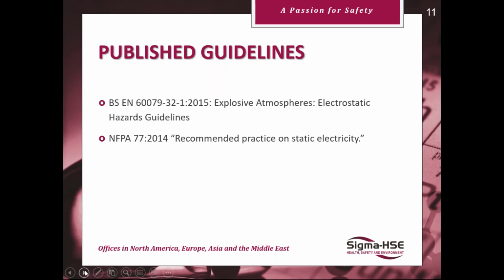But always remember, even though you've read it, a little bit of knowledge is a very dangerous thing. If you work in America or with American regulations, then you've got the NFPA 77 from 2014, recommended practice on static electricity.